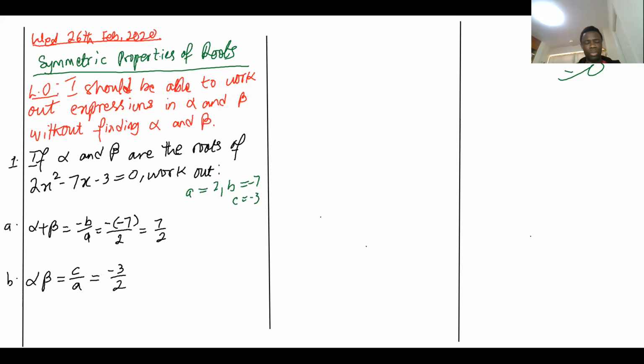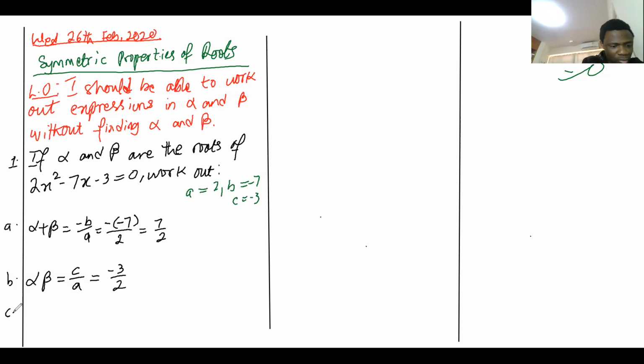Okay. Now, the C part of the question. Sometimes this A and B part may not be required in the question, but you should know that you have to find them first, all right? It may not say find alpha plus beta, find alpha beta first.